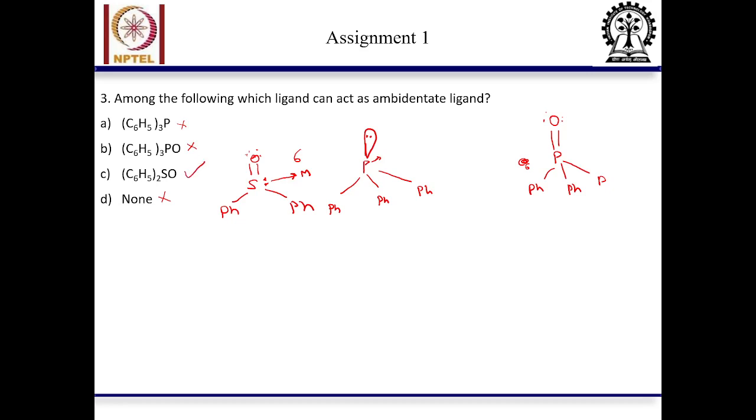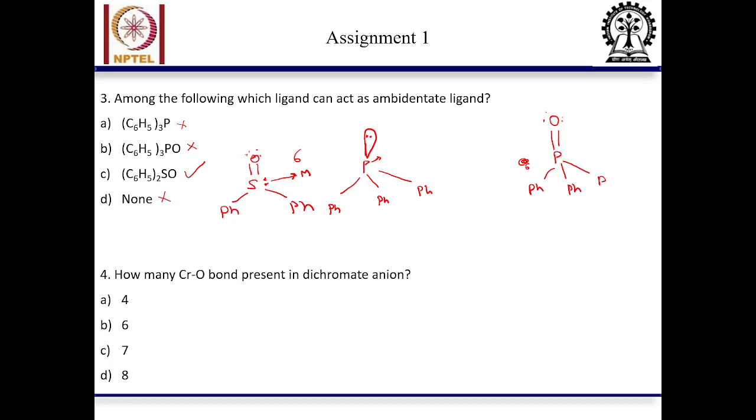Okay, ma'am, did you get why option C is correct? Then I will move to question number 4. How many chromium-oxygen bonds are present in the dichromate anion?